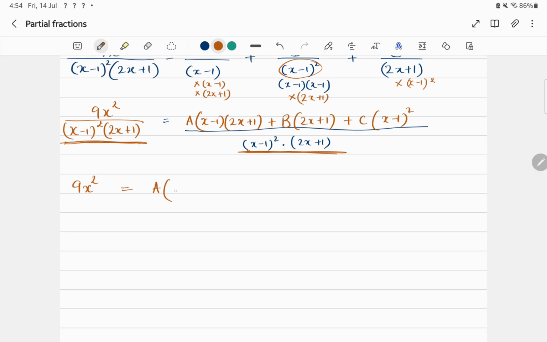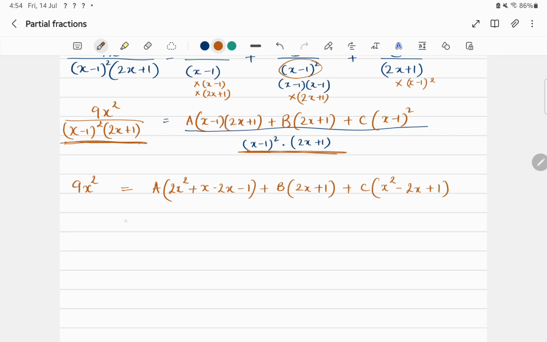if we expand the brackets, we will get 2x squared plus x minus 2x minus 1. I'm just expanding so you understand what is happening. Then b(2x plus 1), nothing to expand there, but here we have c(x squared minus 2x plus 1).